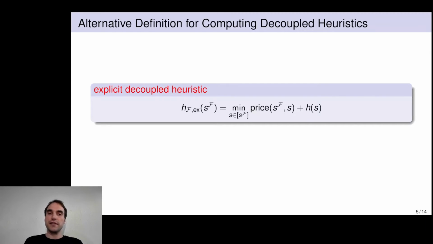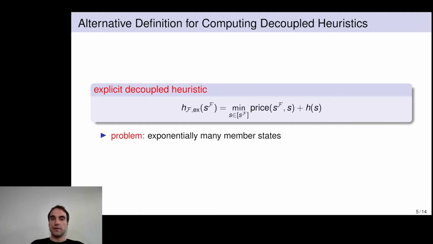Well, because we explicitly enumerate all the member states of the decoupled state and then minimize the sum of the price of the explicit member state and its heuristic value. This turns out to be the best that we can do. We compare this to the by-leaves compilation, and it can be better. However, the problem clearly lies in the fact that we need to compute the exponentially many member states.